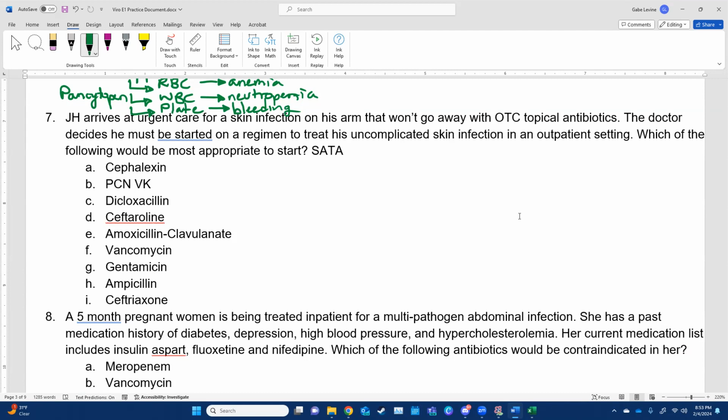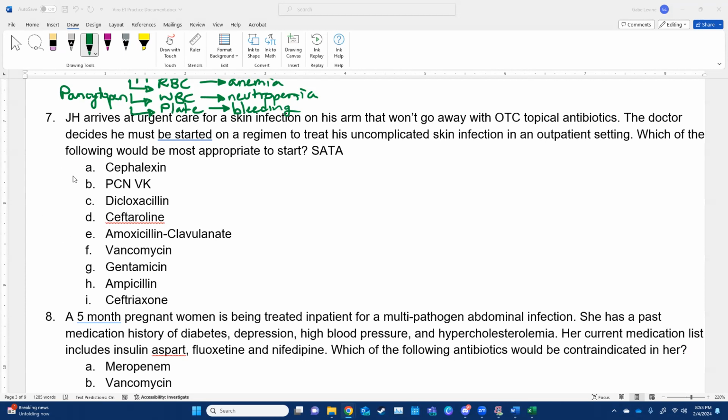Which of the following would be most appropriate to start? So let's go through these one by one.